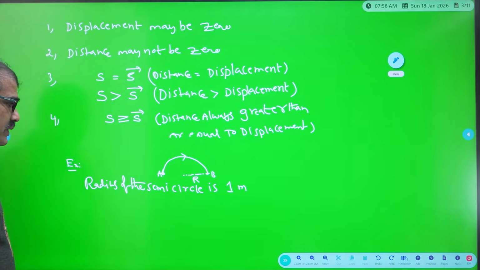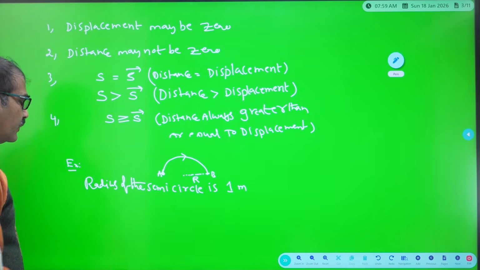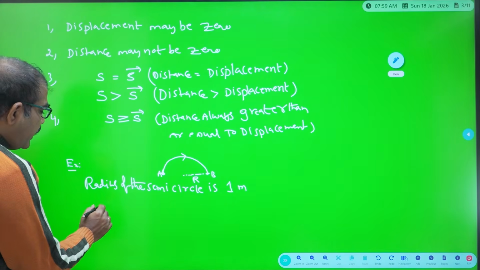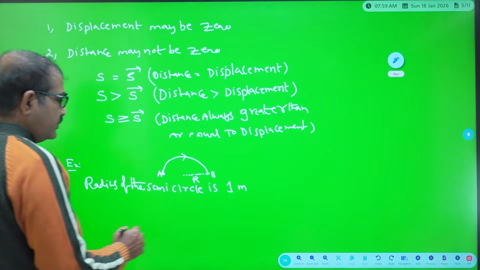Radius of the semicircle is R, which is 1 meter. Find distance and displacement.